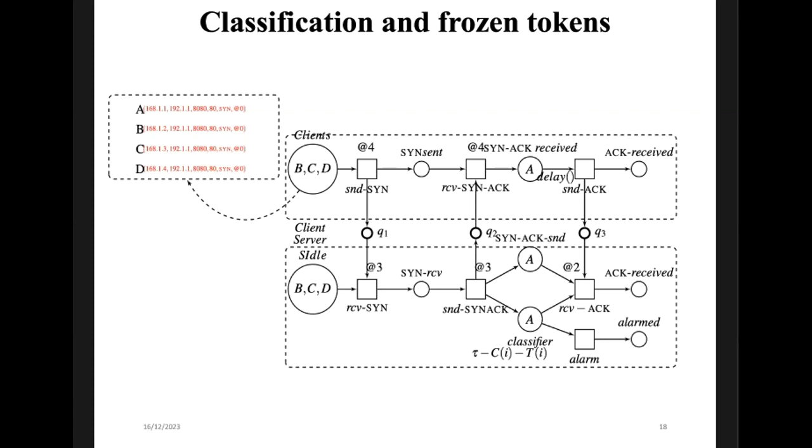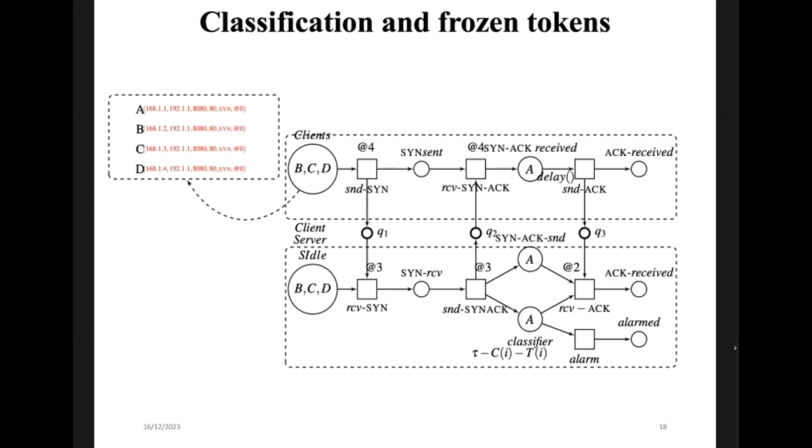So therefore, we rely on the time attributes of each token to detect abnormal patterns. In other words, we depend on the predefined threshold to classify tokens.